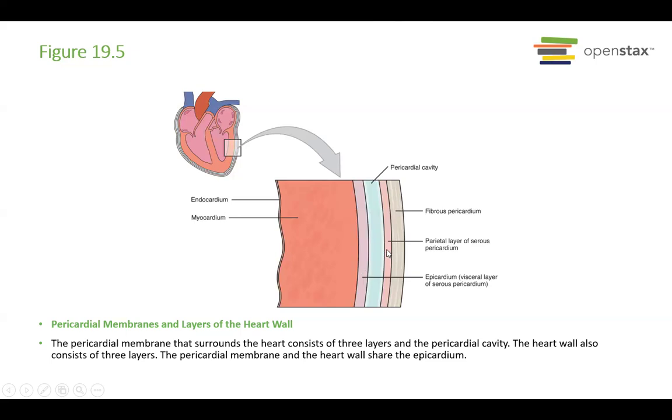And the one that is not touching the heart, but is rather touching the liquid, is known as the parietal layer of the pericardium. And this is the fluid. So you have fibrous pericardium, parietal pericardium, serous fluid, then visceral pericardium known as the epicardium.